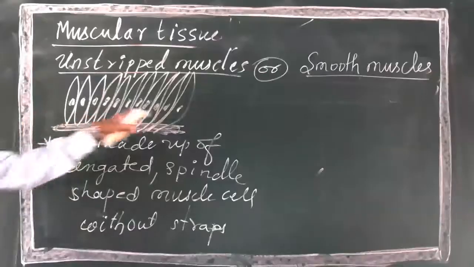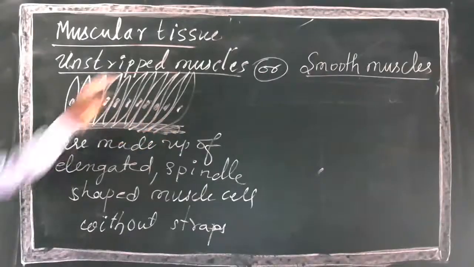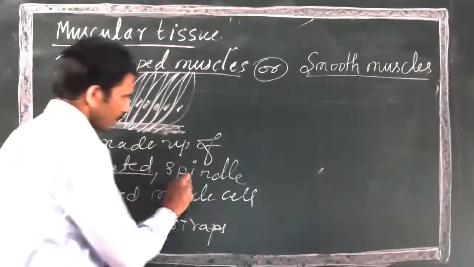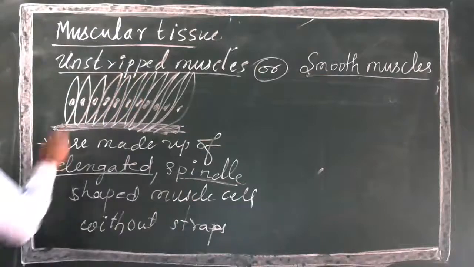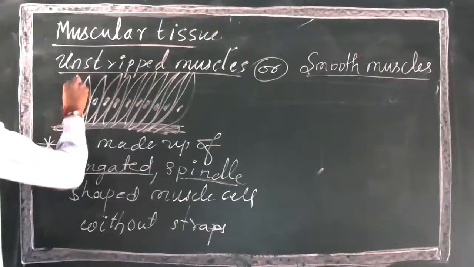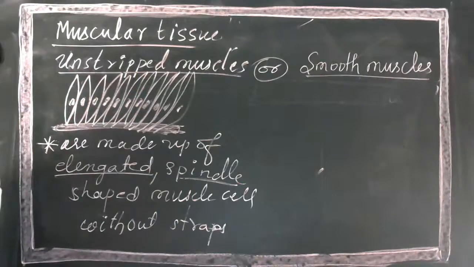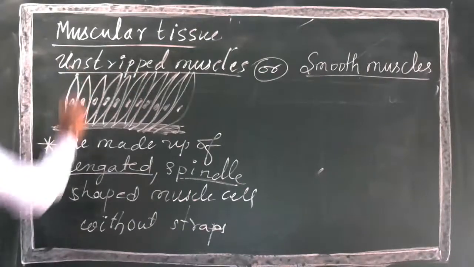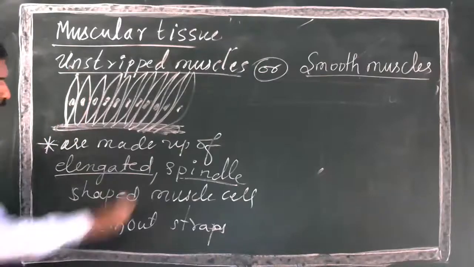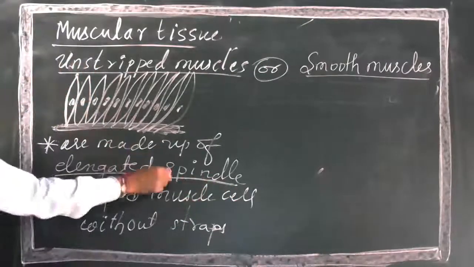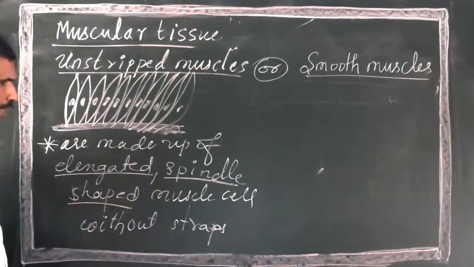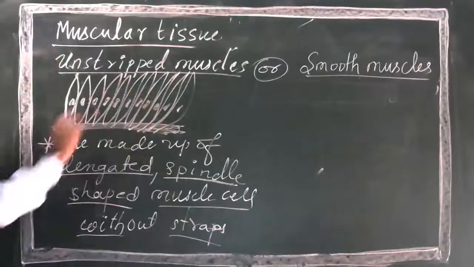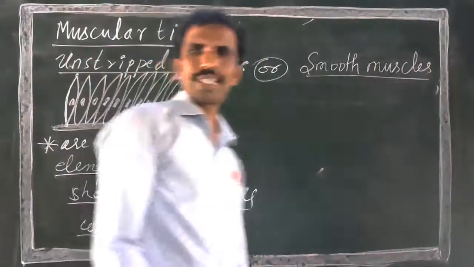So you can see here the muscle cells. These are elongated, spindle shaped. Spindle shaped means tapering ends. Both ends are tapering. Tapering means they are pointed. This end is also pointed, this end is also pointed. This type of muscle cells are called spindle shaped muscle cells. Then without stripes, there are no stripes over here.